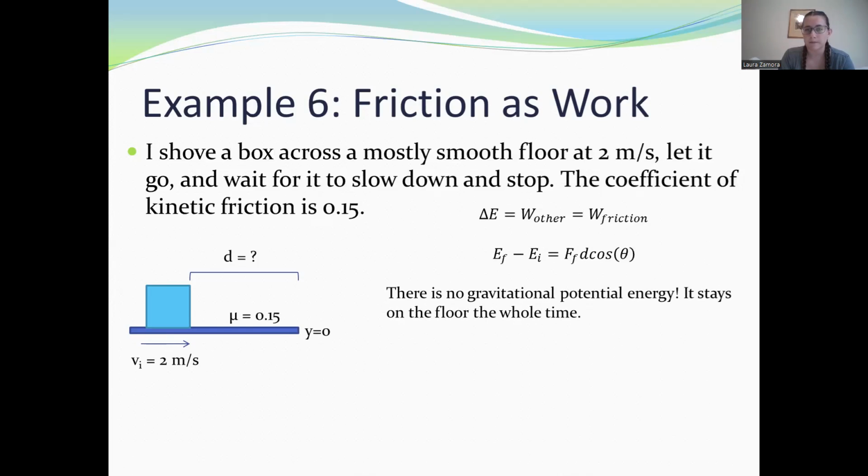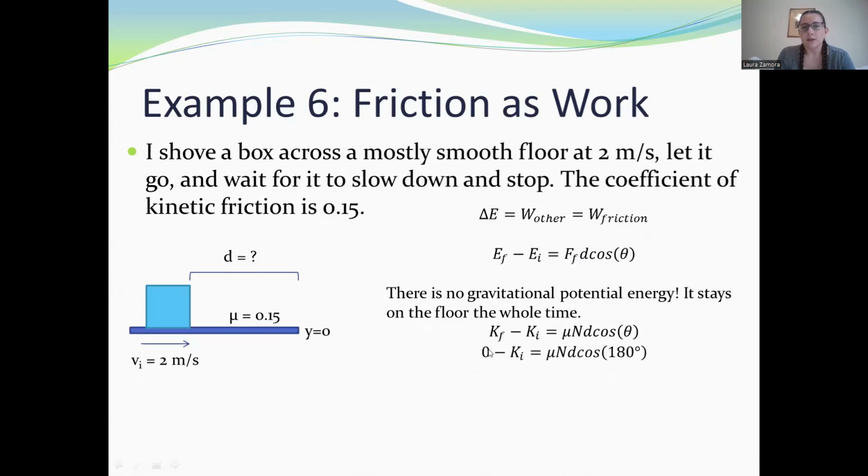We're only considering the kinetic energy, which is present because it's moving, and the work done by friction. The way we calculate friction, which we learned last week in Newton's laws, is mu, the coefficient of friction, times the normal force. Then we just move those other terms down, the d cosine theta.